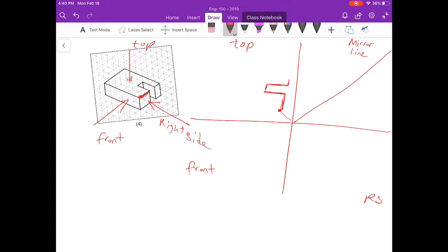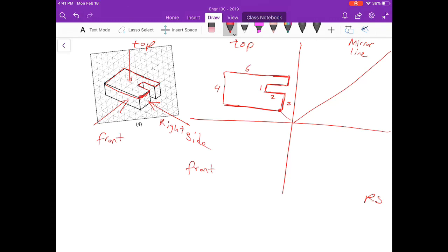So 2 units go back, 1 unit up, and now I can complete the top view. The top view, I started from here, I went here, there, here, and then if you continue, that's how I finished.